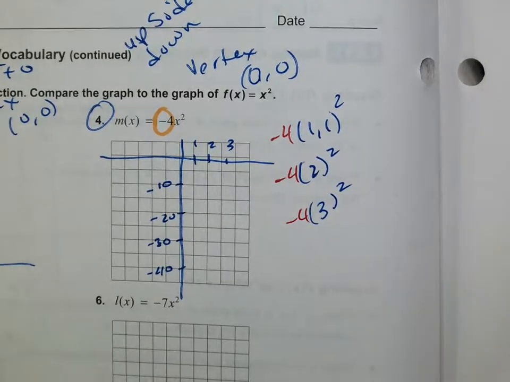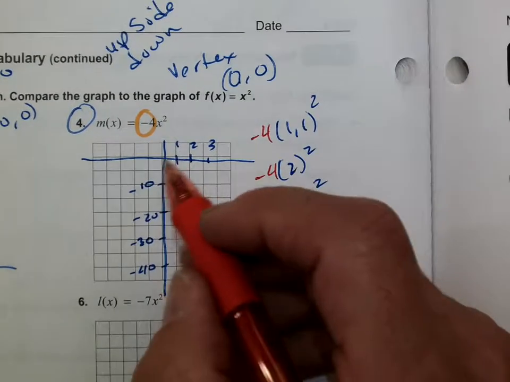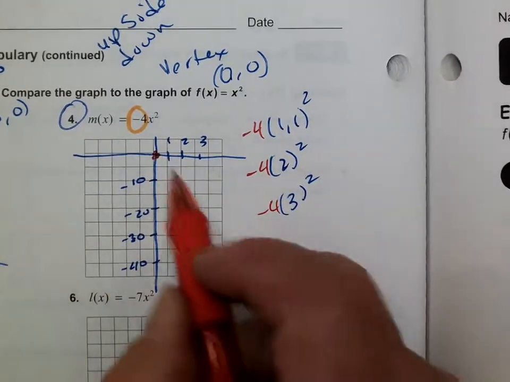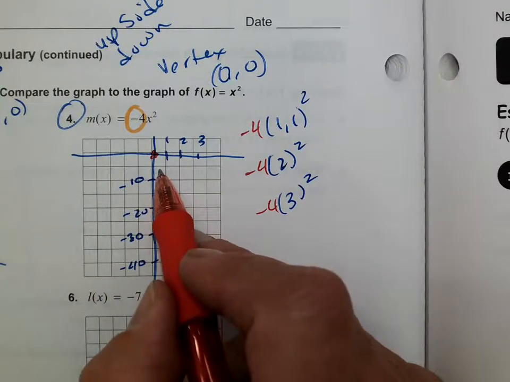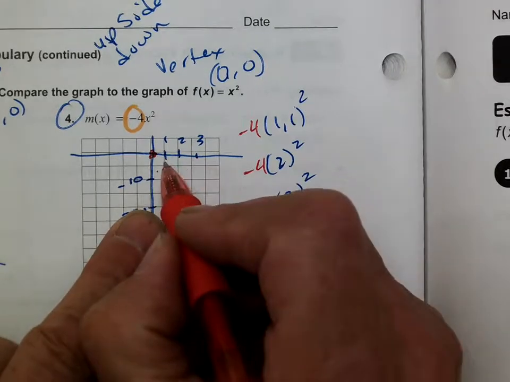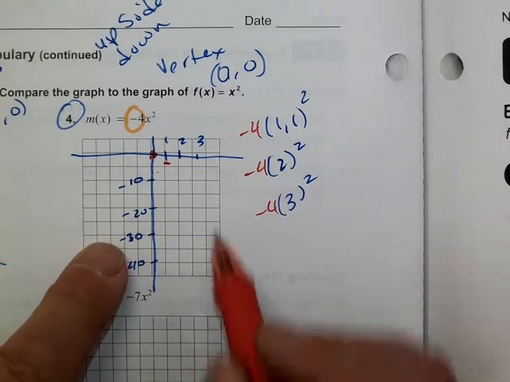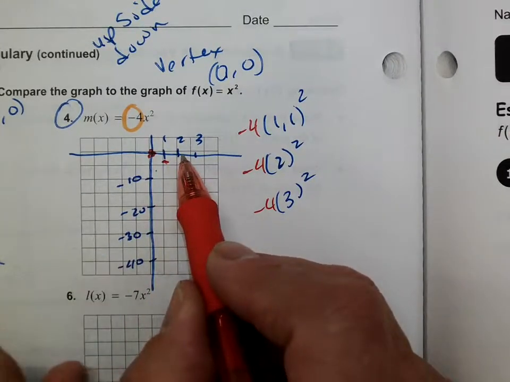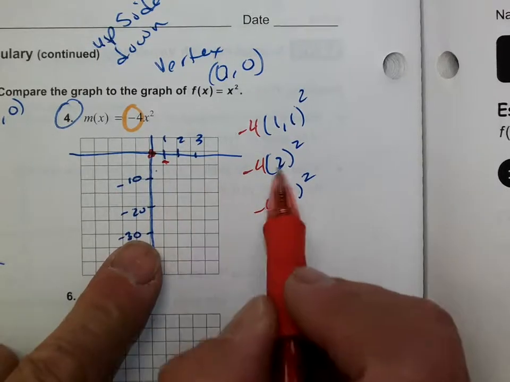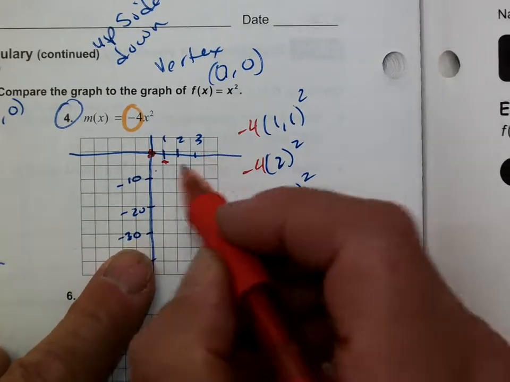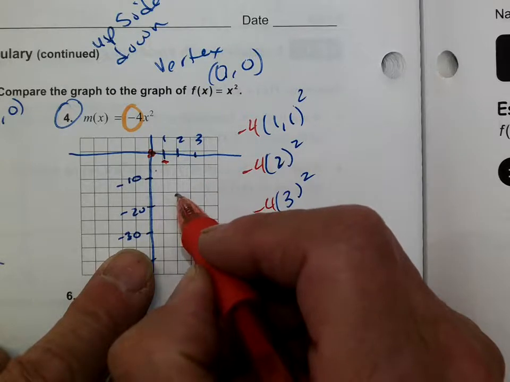So, if I start at 0, 0, which is the vertex, and go over 1, 1 squared is 1, but 4 times as tall, so let's go down to -4. Over to 2, 2 squared is 4, but I'm going to go -4 times that, so I'm going to go to -16.